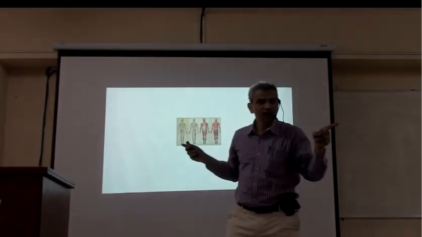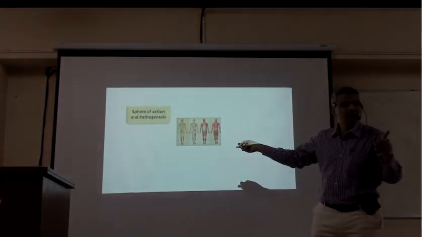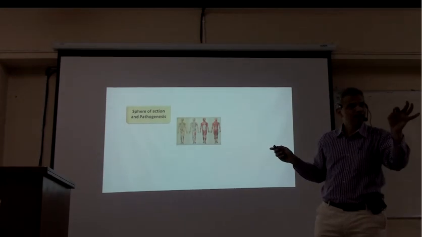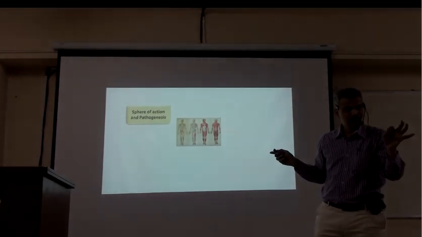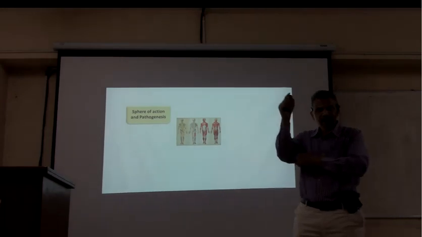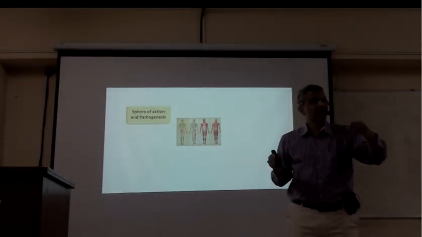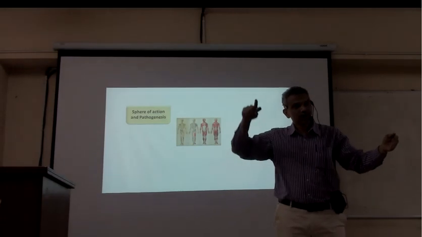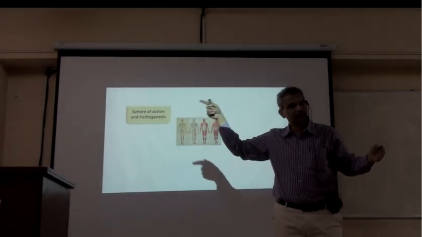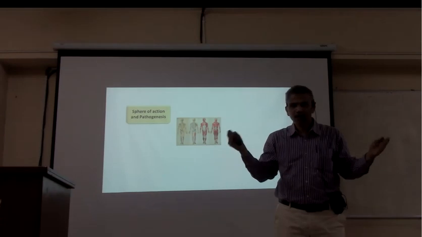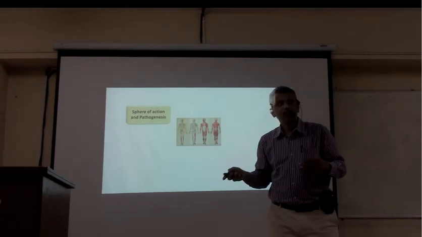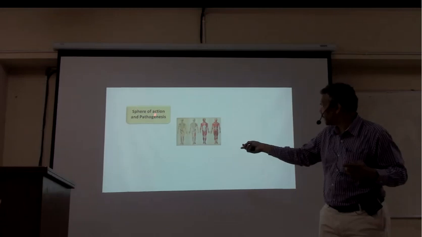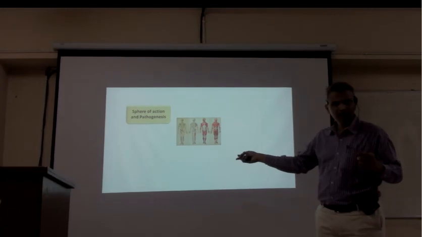One is you should know the sphere of action, and you should know the pathogenesis. If you have to understand the further part of Chelidonium, you should be very clear with the previous part, because they are linked. So first, we look at the sphere of action and pathogenesis.